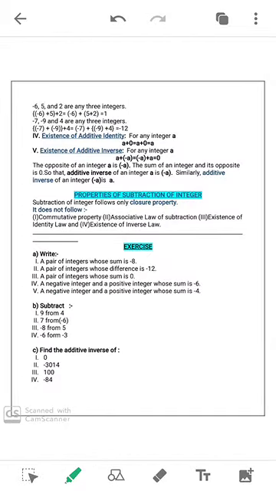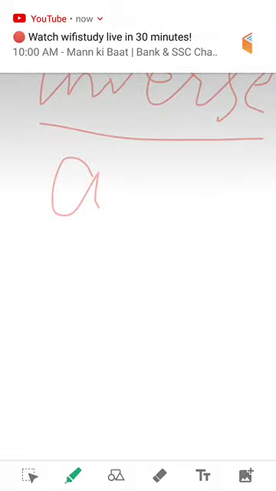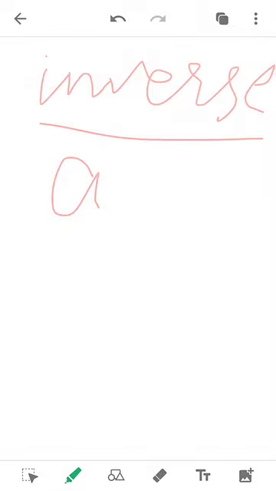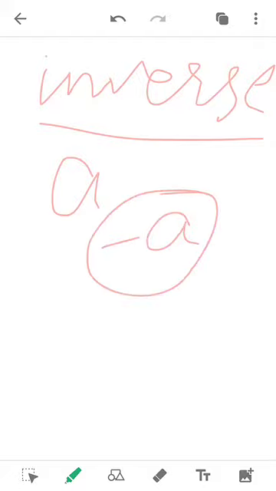Now fifth, existence of additive inverse. If we take an integer a, then its inverse is always minus a. Minus a is the inverse of a, or we can say that minus a is the opposite of a.